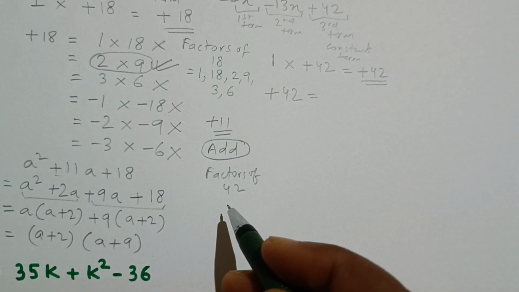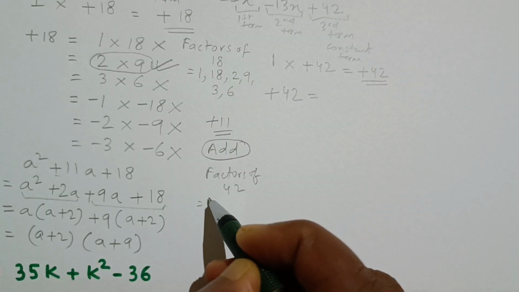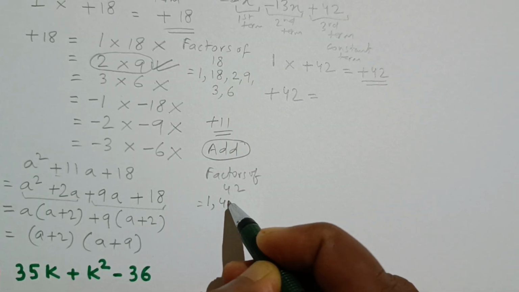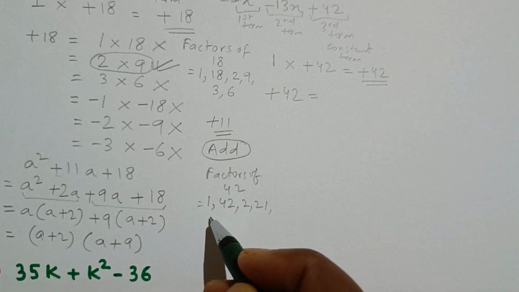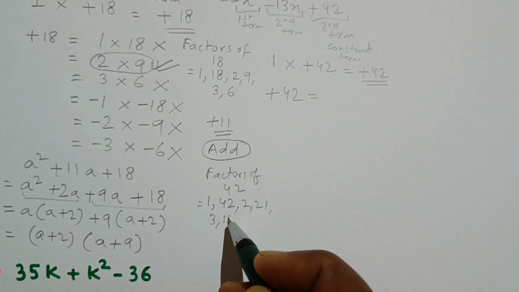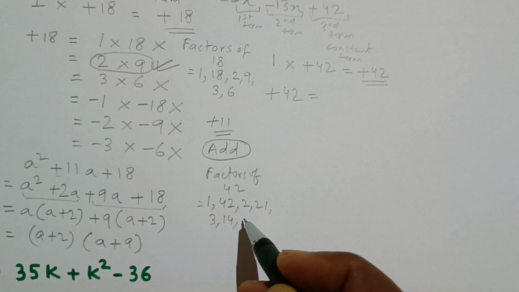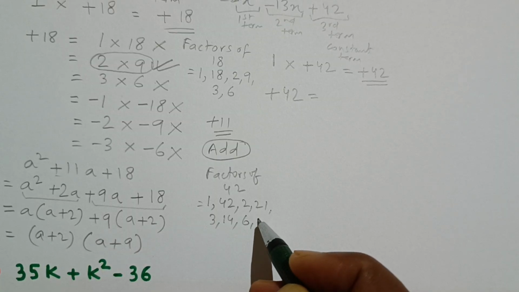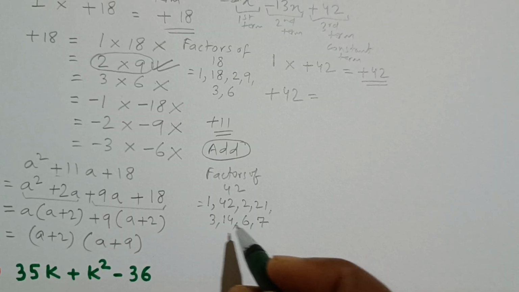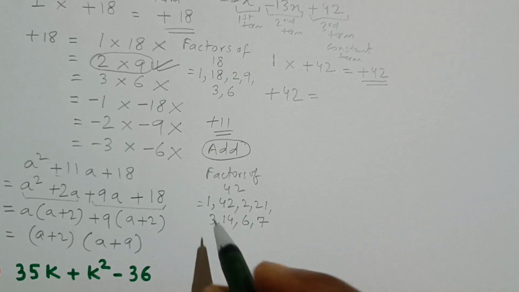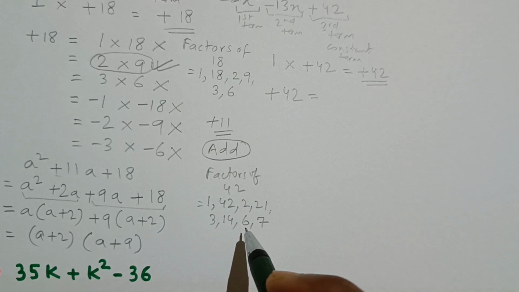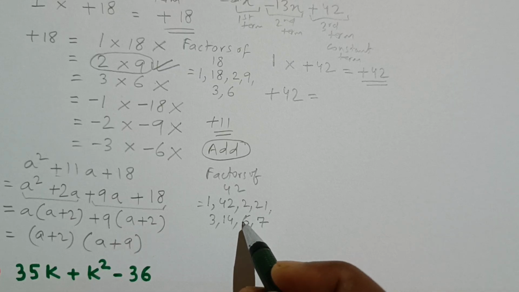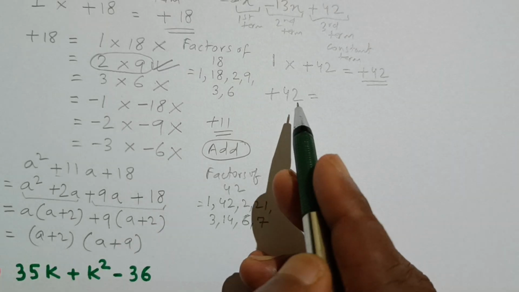What are the factors of 42? 1, 42, 2, 21, 3, 14, 6 and 7. These are all the factors of 42.